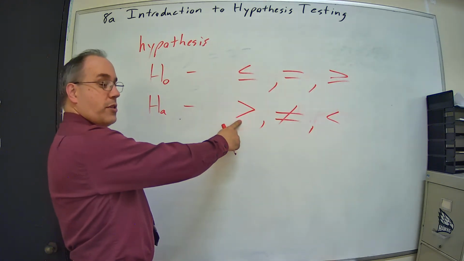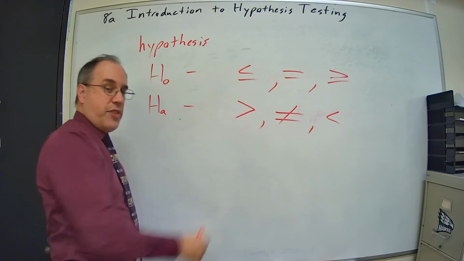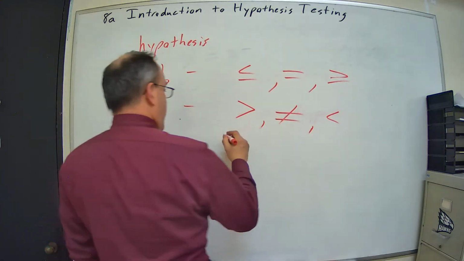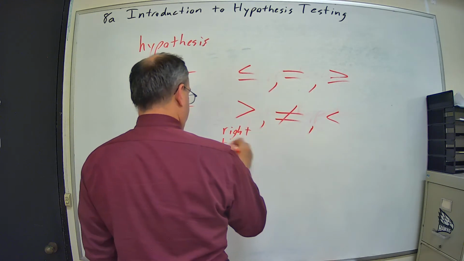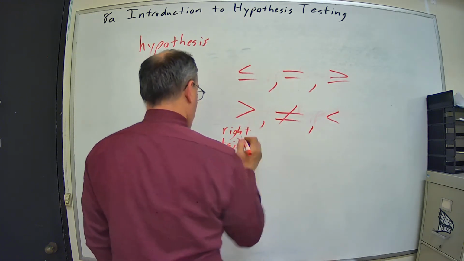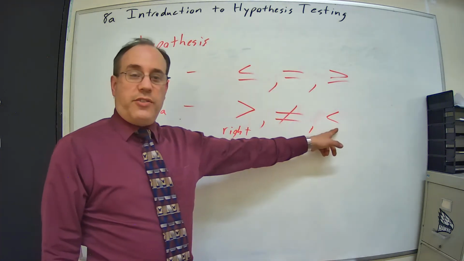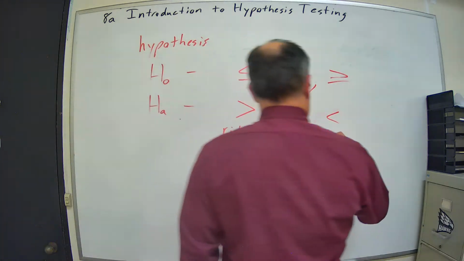So the alternative hypothesis always tells us. And I say it points the way because if the alternative hypothesis is greater than, that's pointing to the right and it's a right-tailed test. If it's less than, pointing to the left, then it's a left-tailed test.